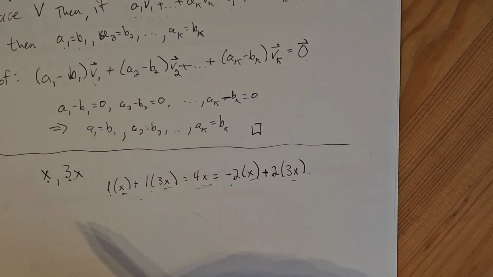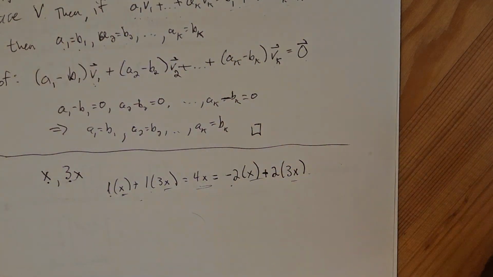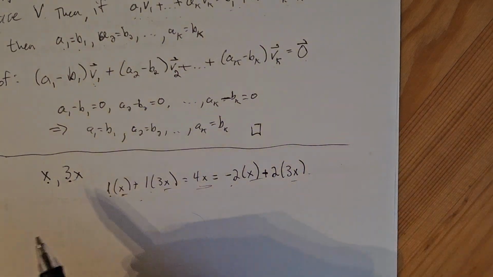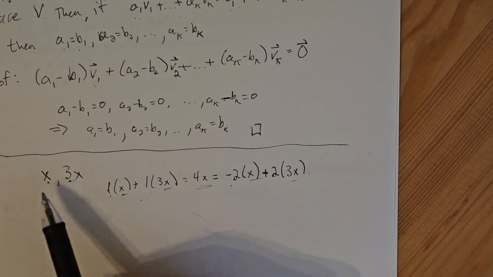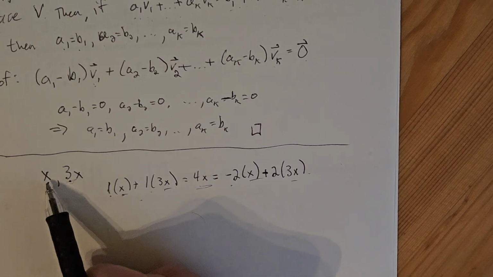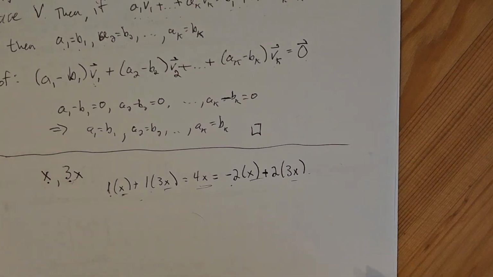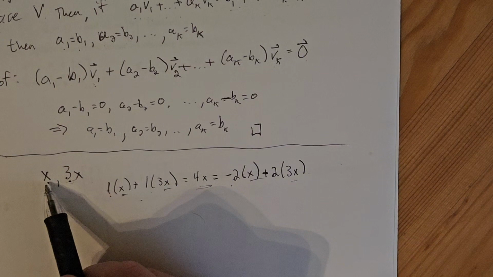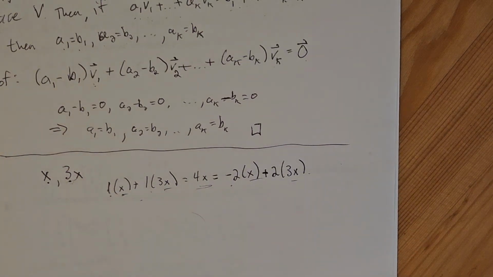Each of these are vectors in some polynomial vector space, under the normal scalar multiplication and polynomial addition. And they are clearly linearly dependent, right? 3x is 3 times x, so it is a scalar multiple of the other. In other words, it is a linear combination of x to get to 3x, right? So these are linearly dependent.